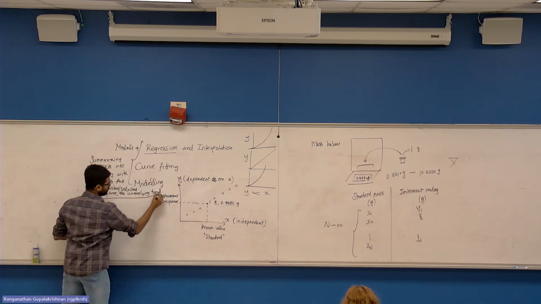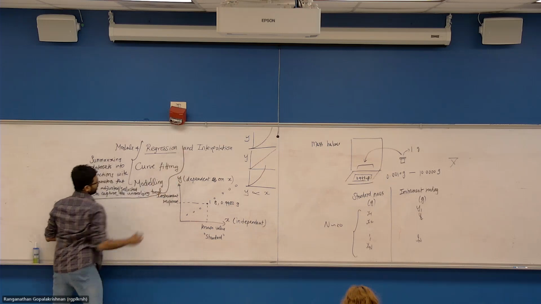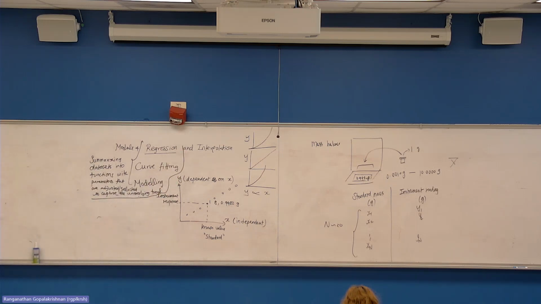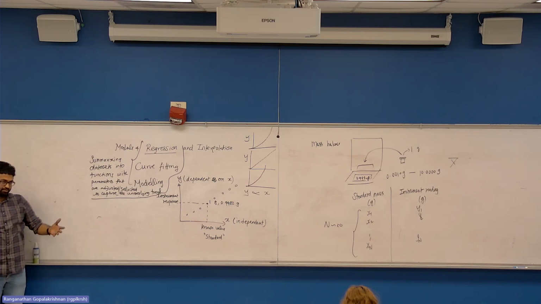So this is a mouthful, but this is what I would call a practical operating definition of regression. It is the act of summarizing data sets into functions that have some parameters that can be selected so that the underlying trend is captured.